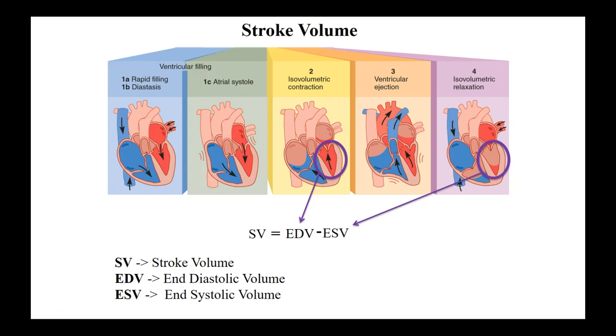One of the things I want to make sure you're familiar with, because we're going to revisit this, is the idea of stroke volume. Normally, when we're talking about how much blood is ejected from the heart, we're more interested in blood being ejected from the left ventricle. Why is that?